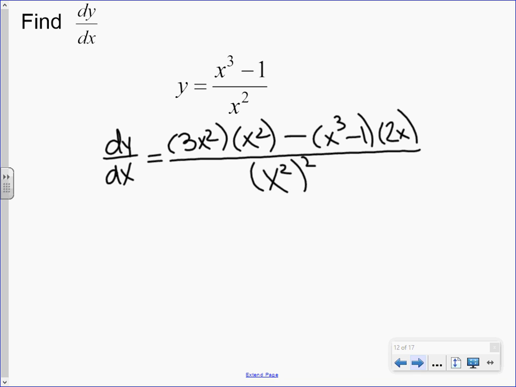Low d high minus high d low all over low squared. Like that. Now it's a matter of just making it look pretty.